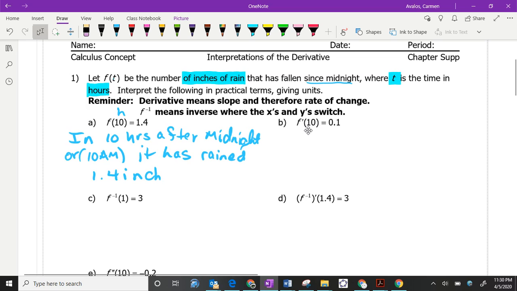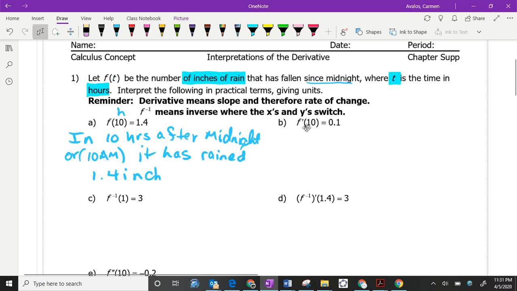What it really is saying is that at 10 a.m., it is raining at a rate. Anytime you have a derivative, you have to have the words "a rate of," and then the inches. In this case, it has to be 0.1 inches per hour, because that's what we're talking about here.